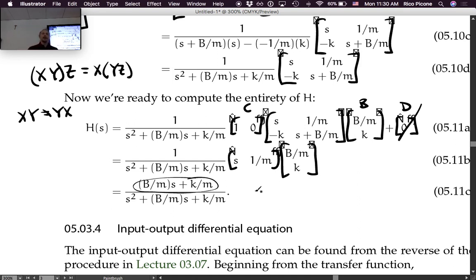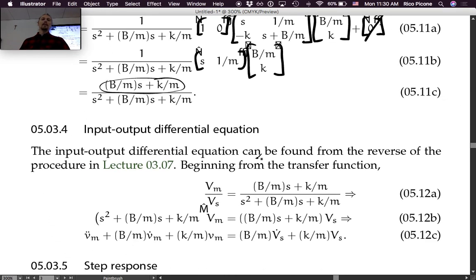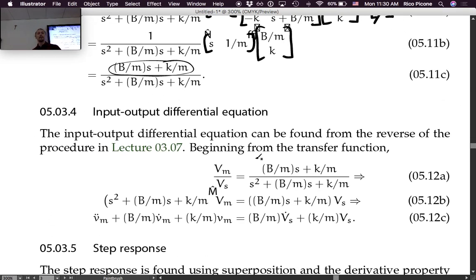So we have our transfer function. Hooray! From that, we can derive the input-output differential equation from the reverse procedure from lecture 3.7. And in lecture 3.7, what we did is we took the Laplace transform of the input-output differential equation, and we derived the transfer function from it.